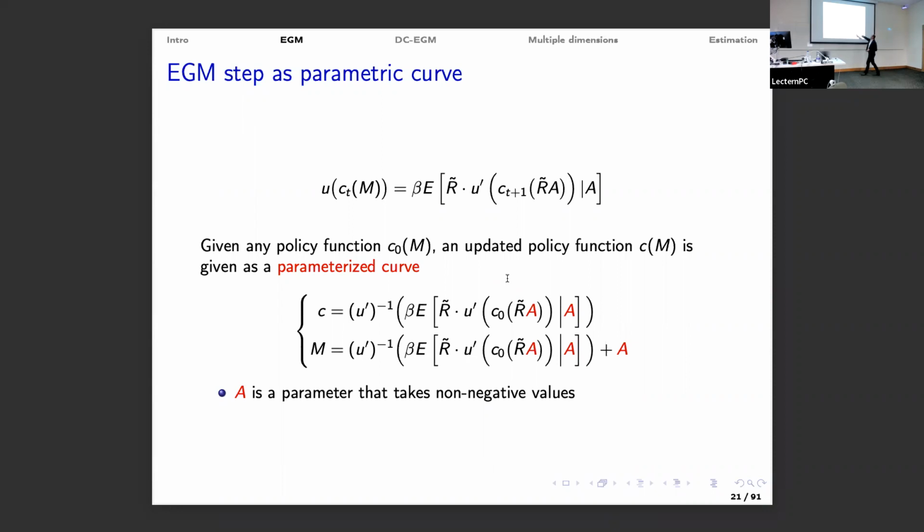And for that, you have to know the C naught, which is the previous iteration approximated policy function. And nothing else is happening here. We're just going through the grid of this A as a parameter and reconstructing these pairs of points. And these pairs together describe the optimal consumption savings behavior.